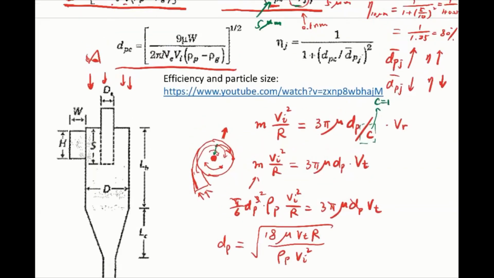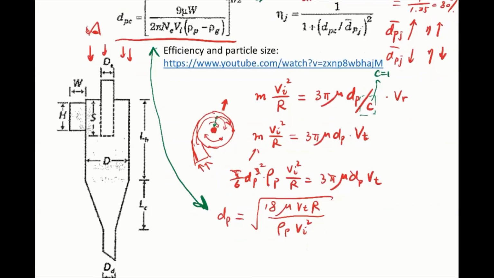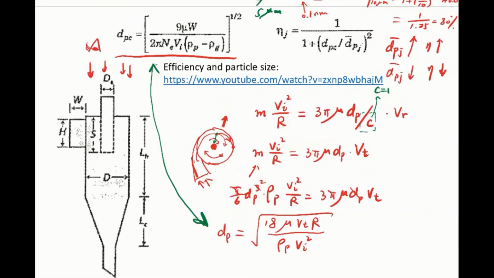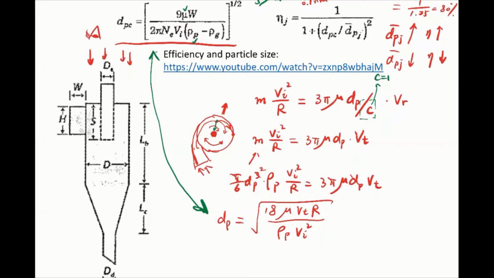If you compare these two equations, they are still a little bit different, right? Now we have the mu term here, and we have the particle density term here. So we made some progress. The thing is that right now we need to plug in the vt and vi, right?